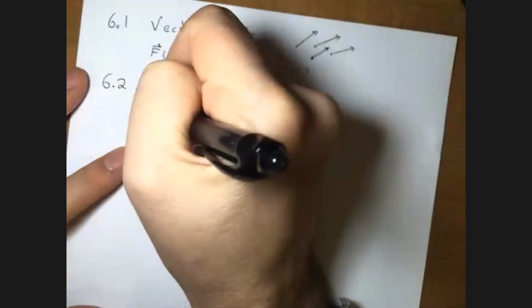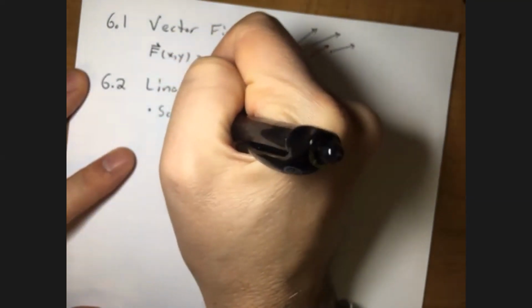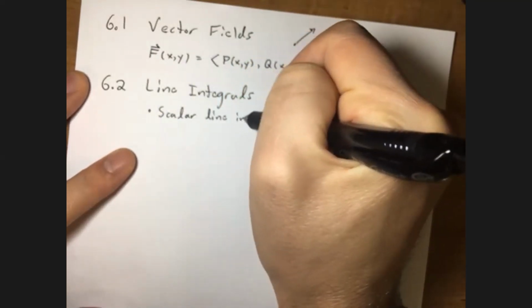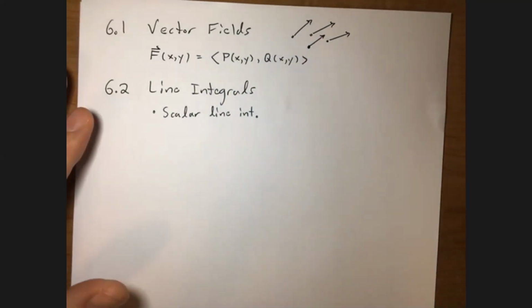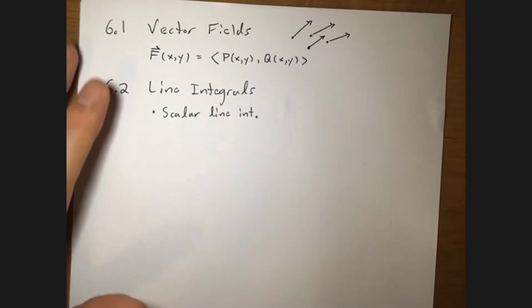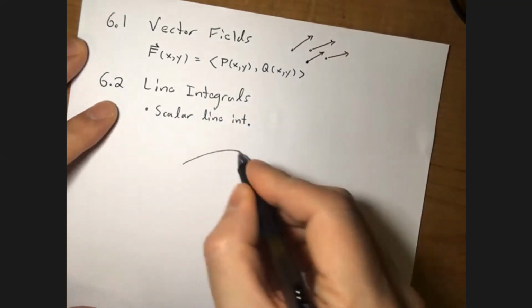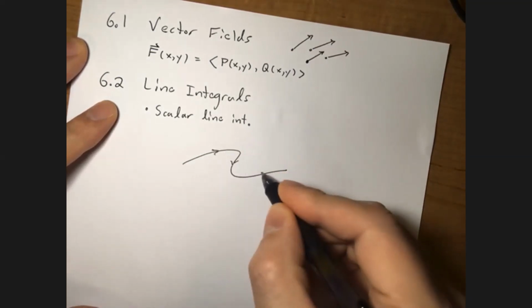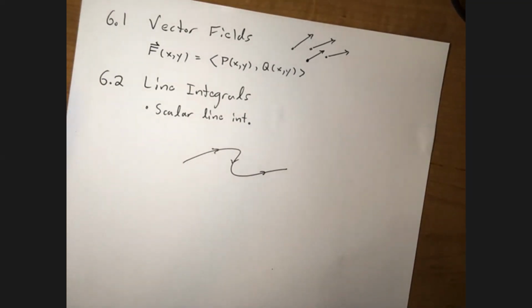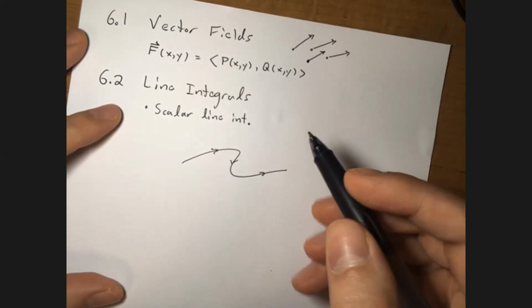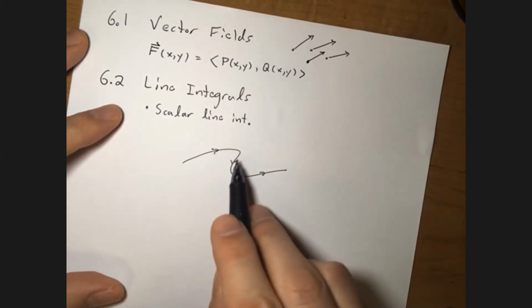We first talked about scalar line integrals. For scalar line integrals, we imagined a curve, and then we imagined a function that had a value at every point on this curve, right?